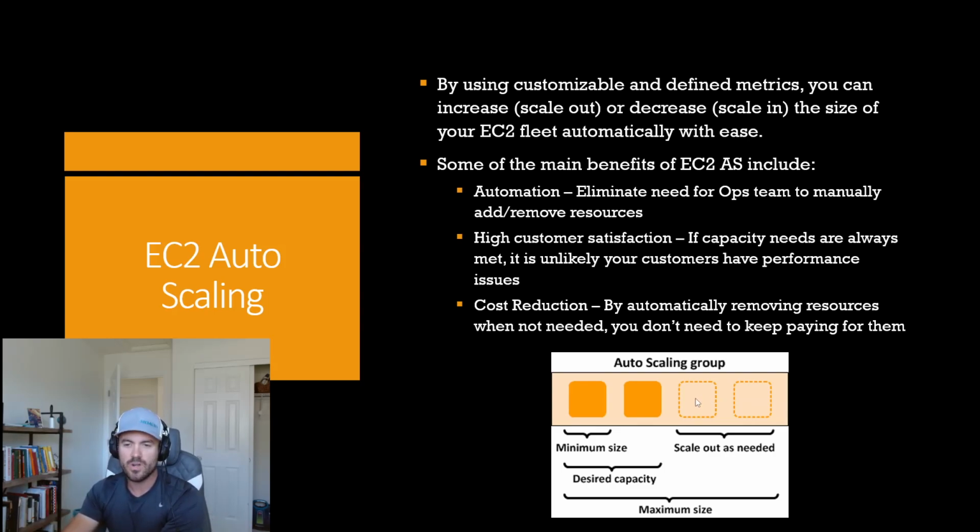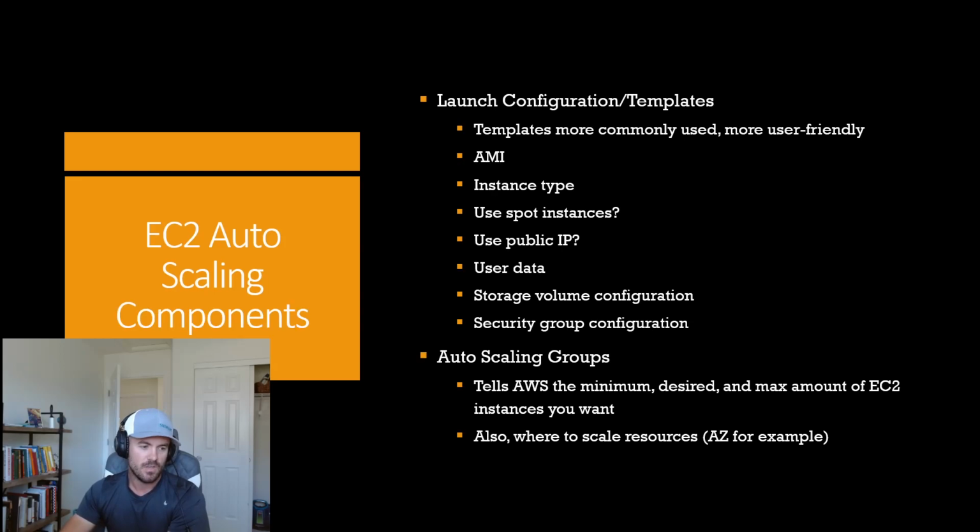So we can reduce those instances back down to our desired capacity of 2 to keep things running smoothly while, again, not paying for additional resources, okay? So that's the beauty of auto scaling. You can meet continually changing demand and also save the most amount of money, all right? Pretty much all automatically, all right?